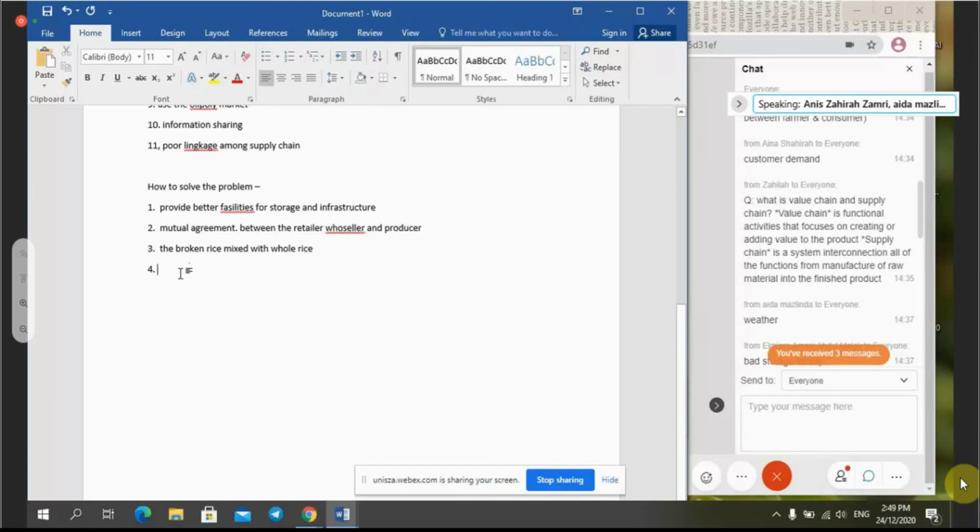Tapi siapa yang kena improve rasa-rasanya? That means the governments, okay? Should. Kan? That means the government lah.